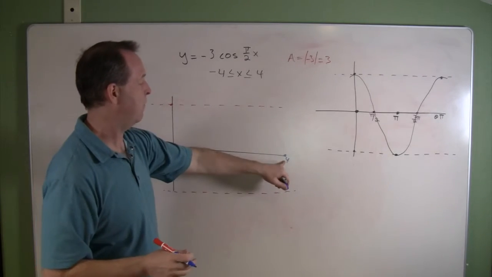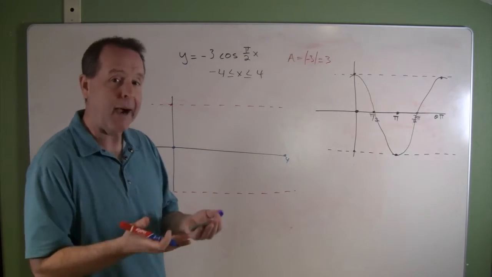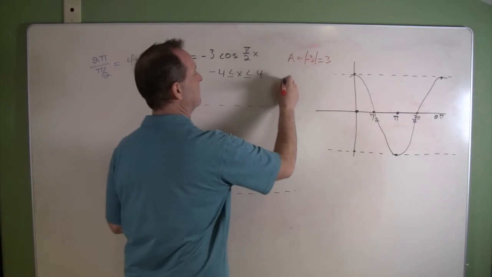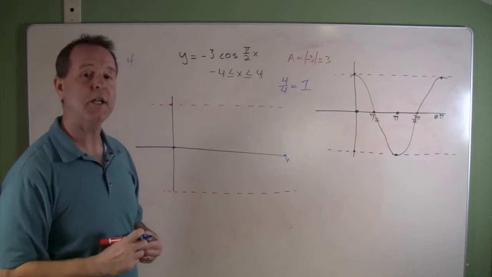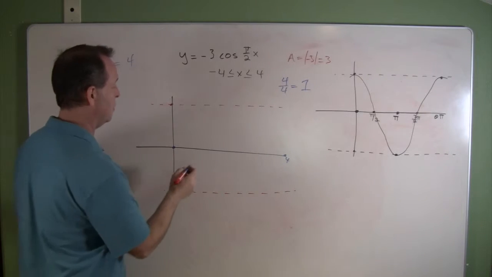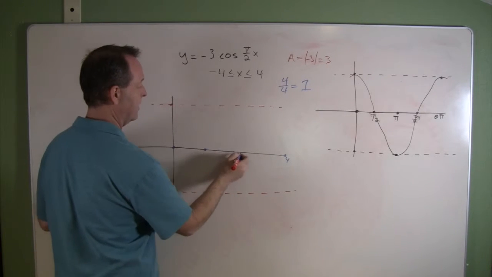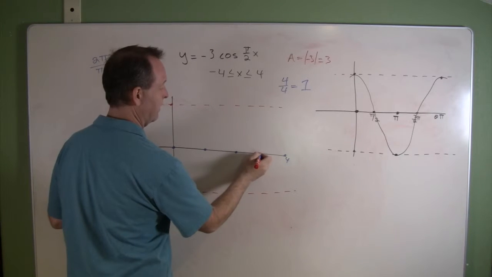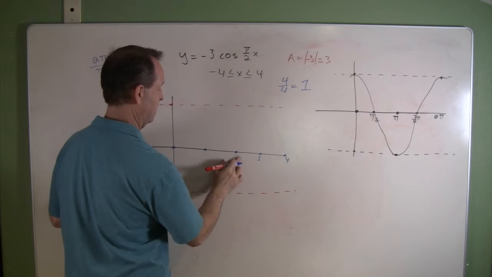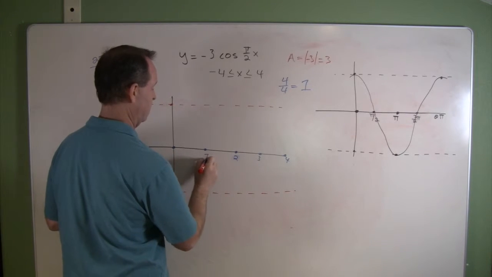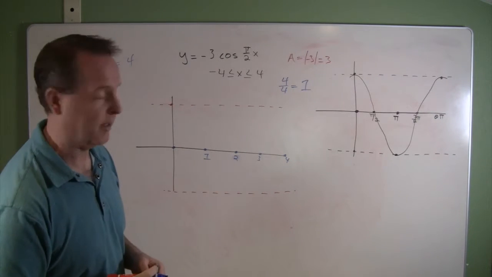So we're going to take this 4 and divide it by 4. So every 1 unit on this particular graph, something cool is happening. So here at 1, 2, and 3, and 4. Whoops, that's 2. I lost my scale a little bit.